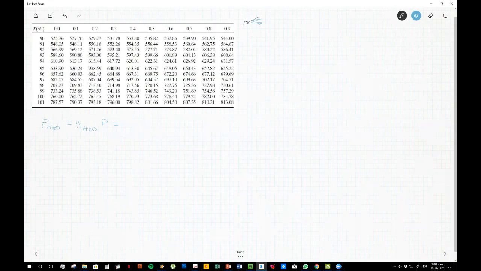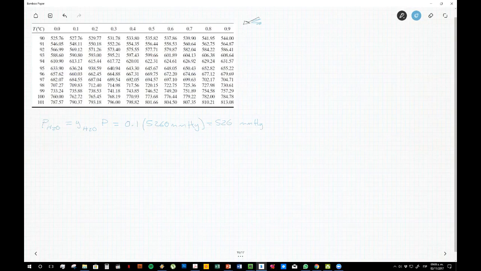So that means the molar fraction is 0.1, because volume can be related through the ideal gas equation, PV is equal to nRT, to the number of moles, right? So it's the same thing. So we have 0.1 times the pressure that we have for the problem, 5,260 millimeters of mercury. So that one, of course, is only 526 millimeters of mercury.